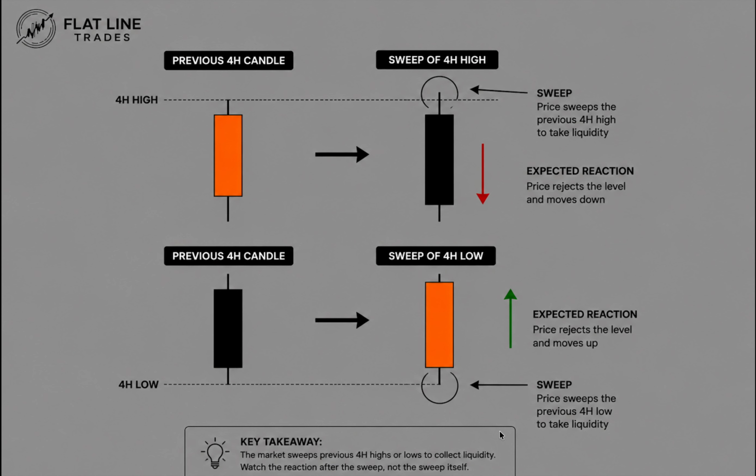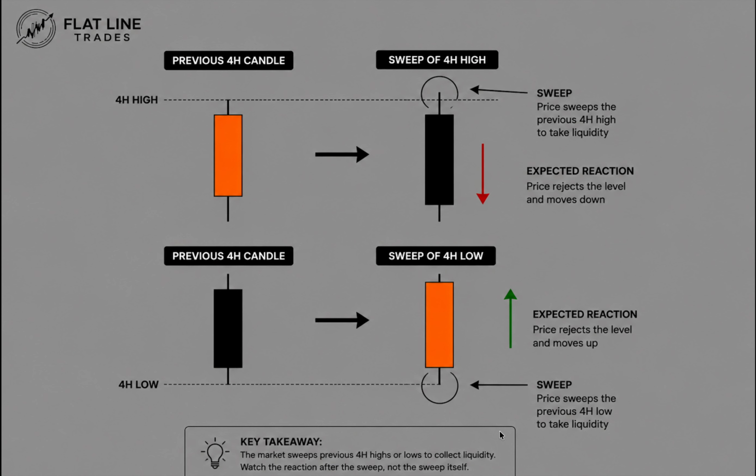Let me tell you why price often reacts after sweeping the 4-hour highs or lows. As I explained before, we think of the sweep as the market collecting orders. Once price reaches the liquidity pool, stop losses get triggered, breakout traders enter, and the big boys of the market grab enough orders to fill large positions.